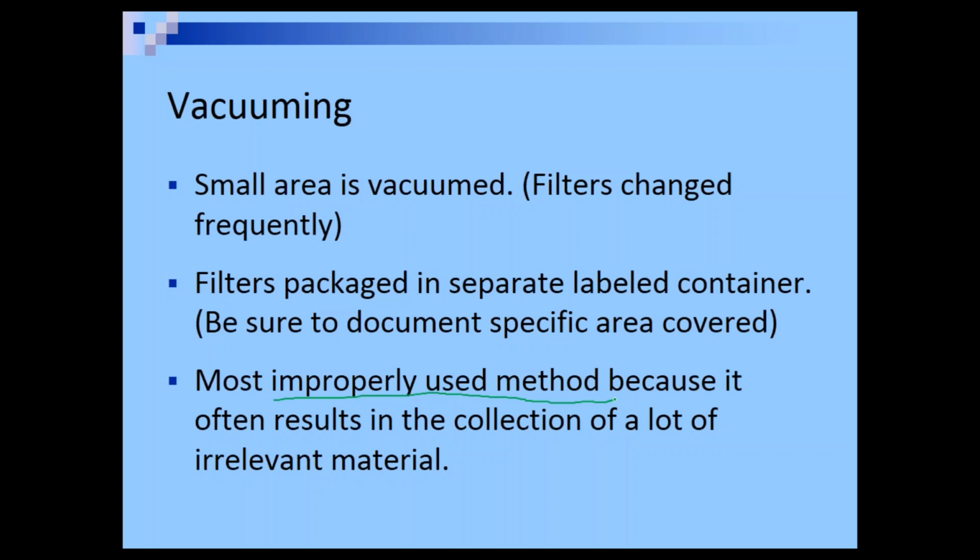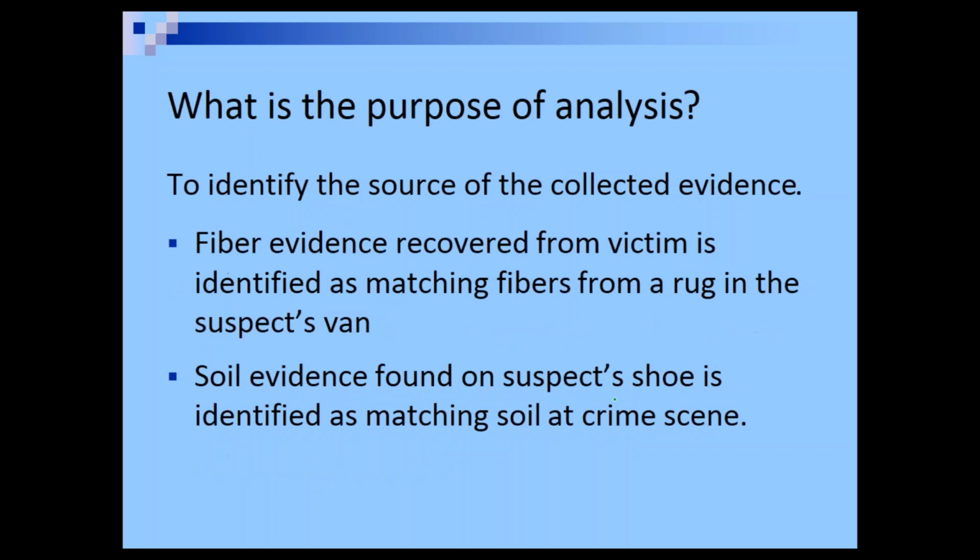And if it's not properly organized, you could end up collecting a lot of junk, because you've got to understand, when you're vacuuming the trunk of that car, you're not just picking up the purple fibers, you're picking up all of the other crap that's been in the back of that car. So you get so much of the stuff you don't want, in addition to the stuff you do want, that you need to be careful when you use vacuuming.